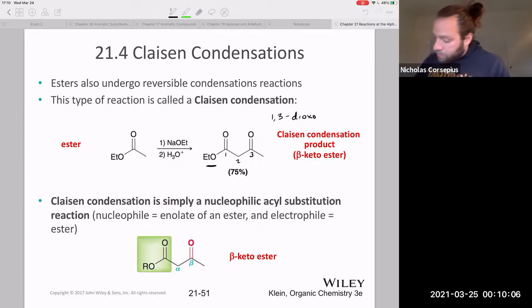And the reason why we want to do this same sort of numbering thing is because if I start numbering with the ester carbonyl carbon, 1, 2, 3, we can easily identify the bond that was just formed here.